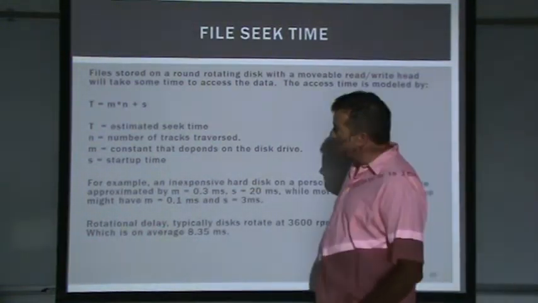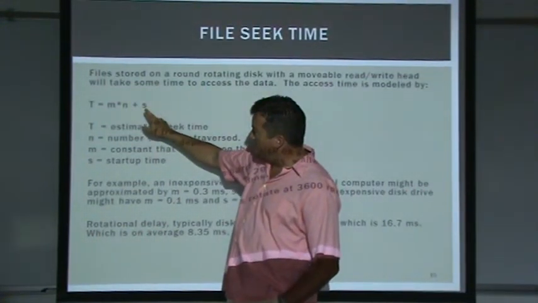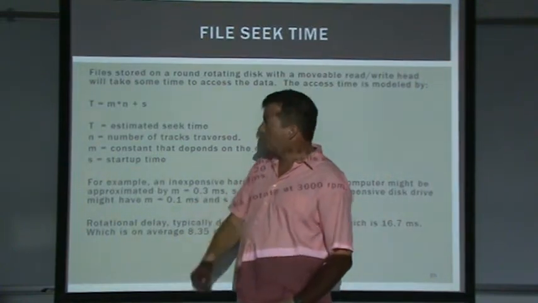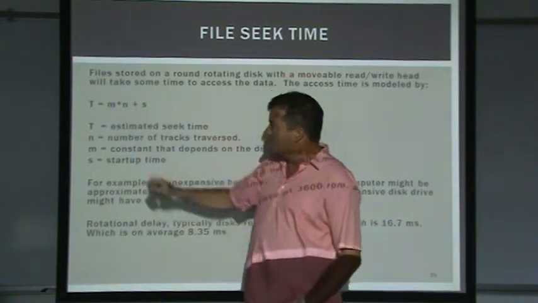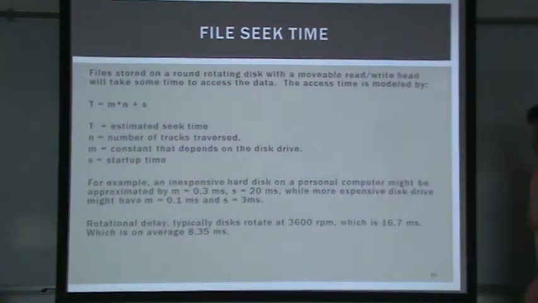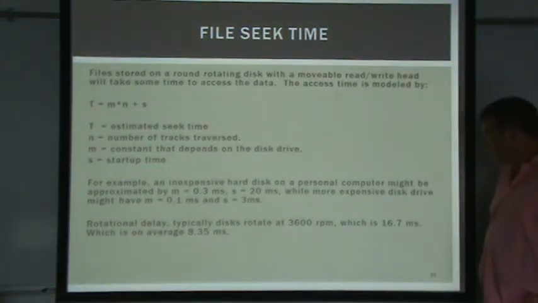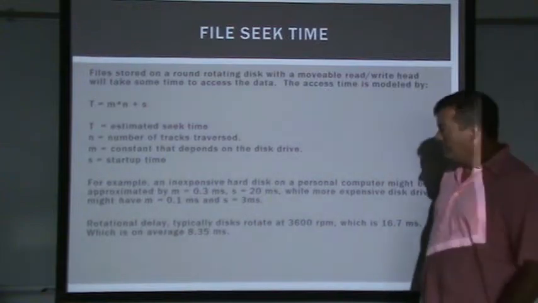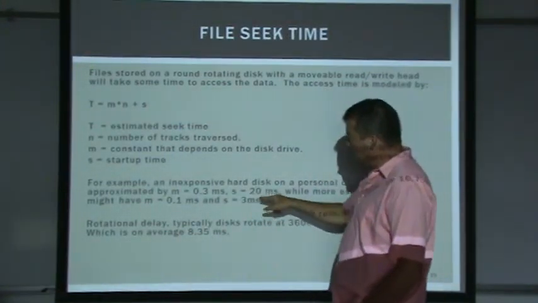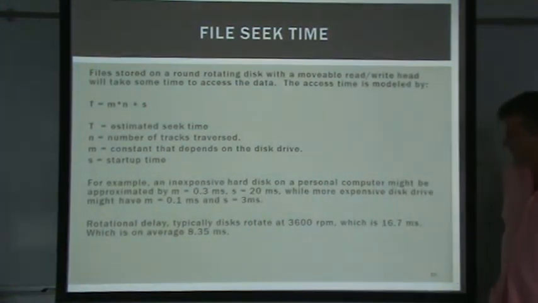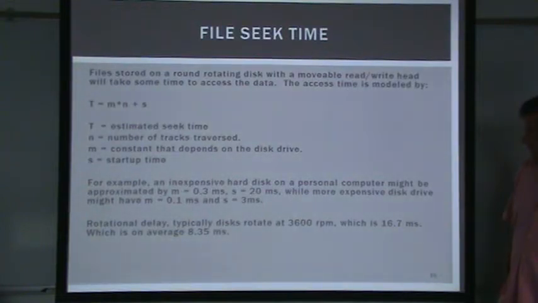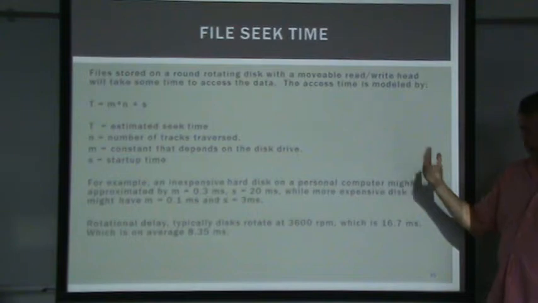So it ends up being how much time it takes for the operating system to say, okay, I'm now ready to handle your request, and then how much time it takes to actually handle your request. An example might be an inexpensive personal computer with a disk drive where M is 0.3 milliseconds and S is 20 milliseconds, and then you perform a computation like that.